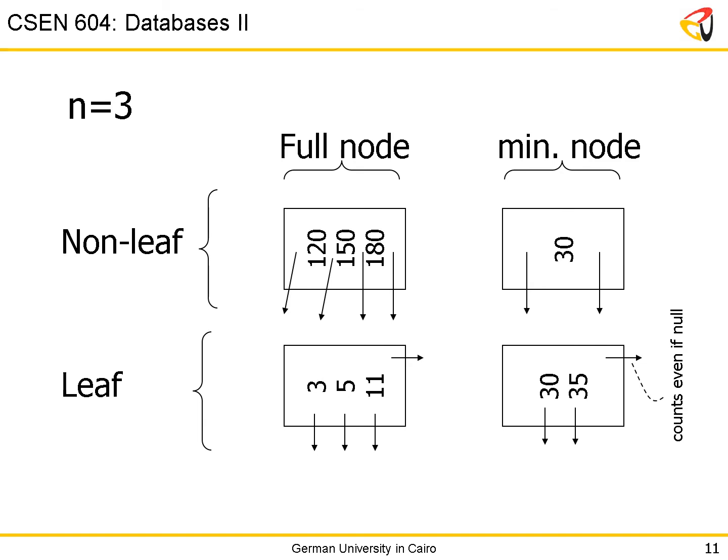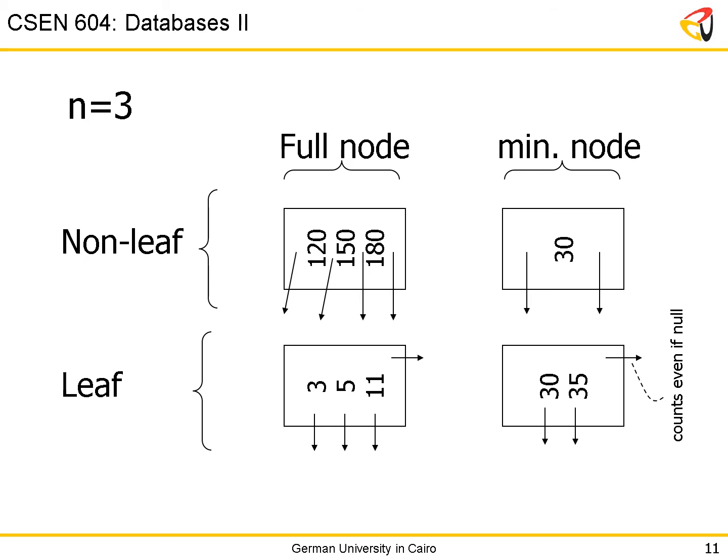So for n equal to 3, just to stress the idea here, let's look at the leaf level first, because it will make more sense to you. If at the leaf level I said n is equal to 3, this is applicable to the leaf and the non-leaf.